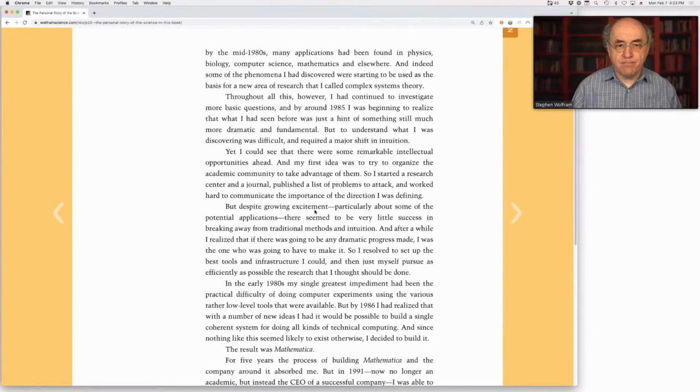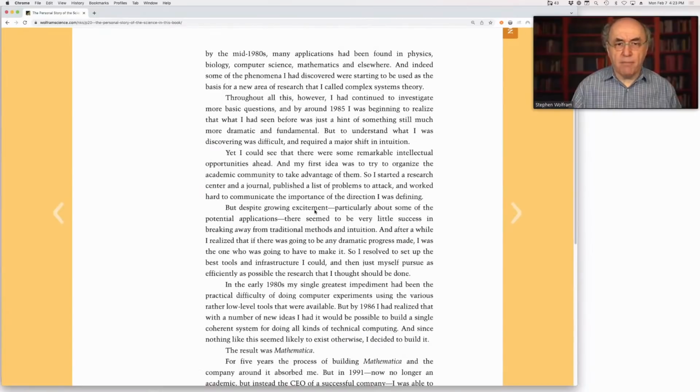Anyway, I ended up working on that for a number of years, and my plan A was to persuade the world that this was a great field of science. This is mid 1980s, and get lots of help and have a sort of scientific army move forward in this direction.